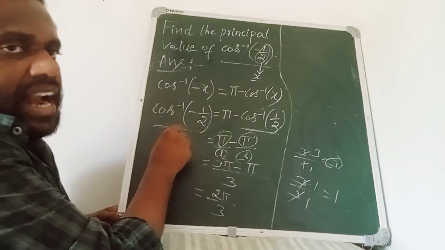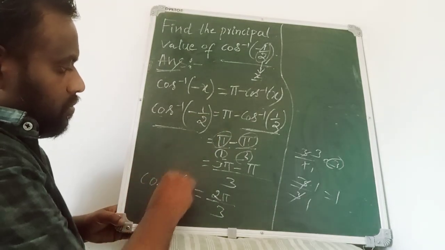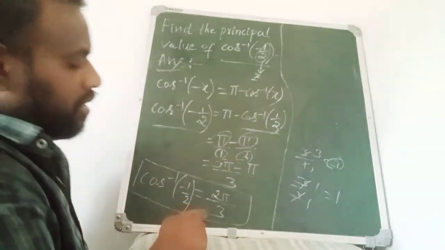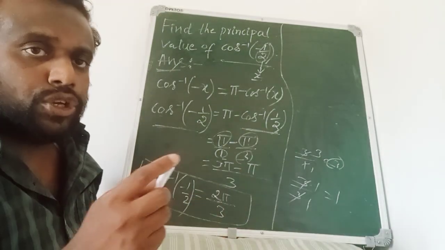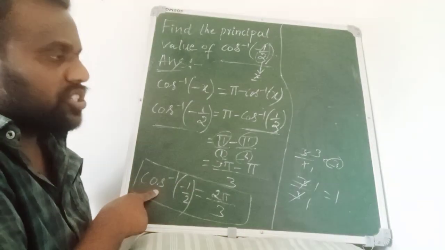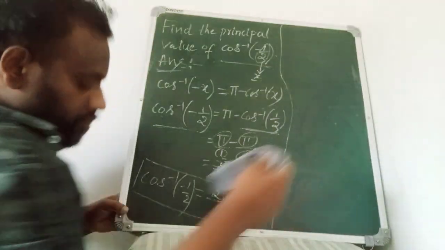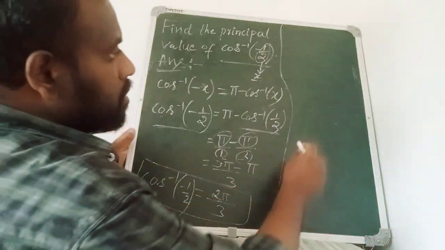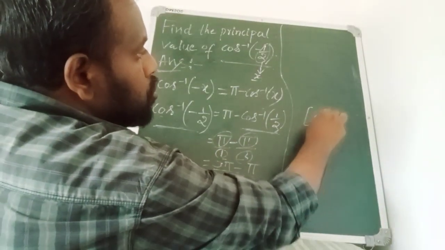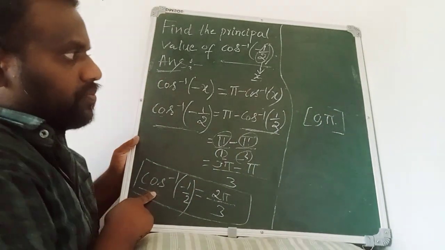So this is the left hand side. Write this here: cos inverse of minus 1 by 2. After finding this, you have to identify whether this is in the range of the cos inverse function. So I will write range. This you have to remember: the range of cos inverse function is 0 to pi.